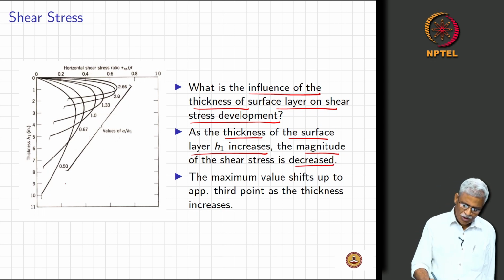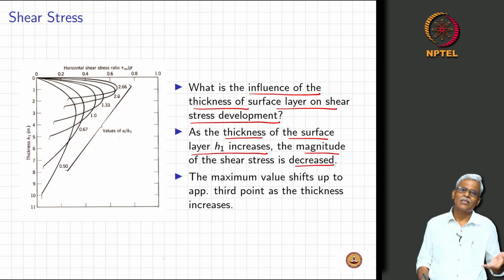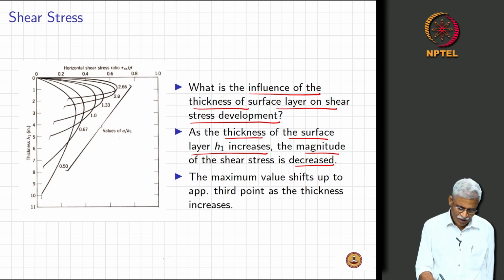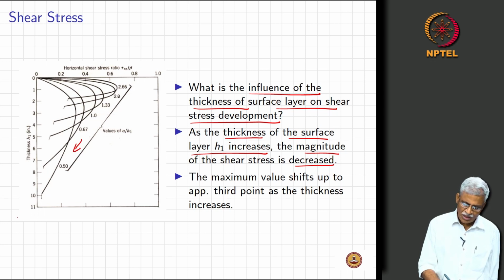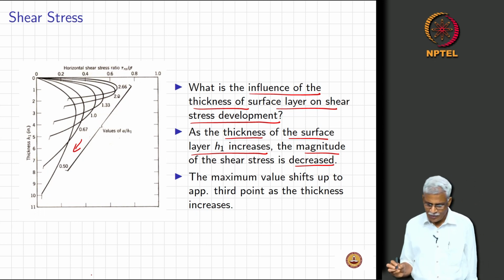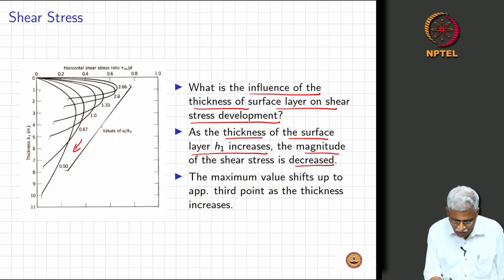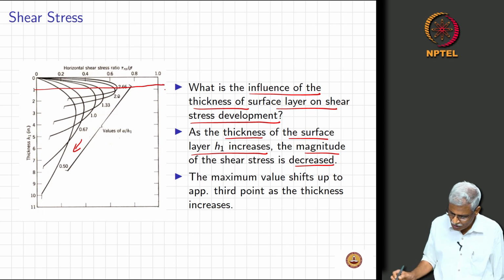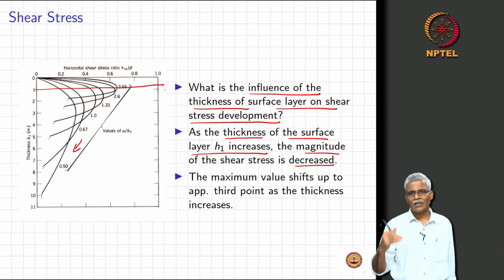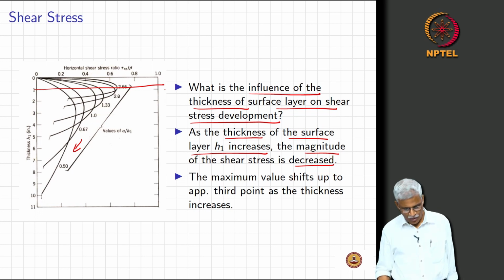What you see here is A by H1. As H1 keeps increasing for any given A, this ratio keeps decreasing, and you can see how much the horizontal shear stress varies. The interesting part is that the maximum value now shifts to the 1/3 depth. In the previous one it was in the middle, but here it has shifted slightly up.